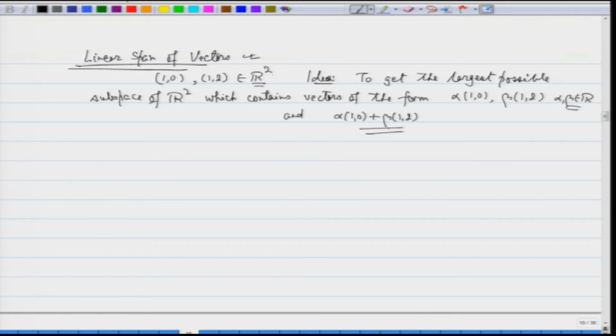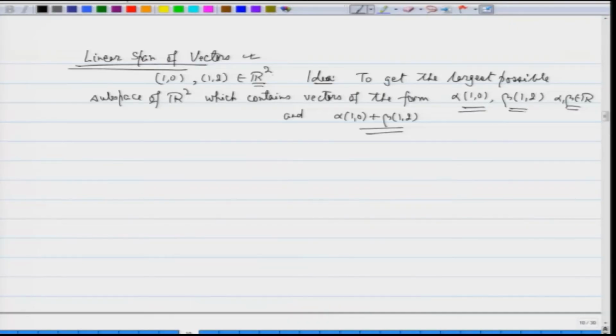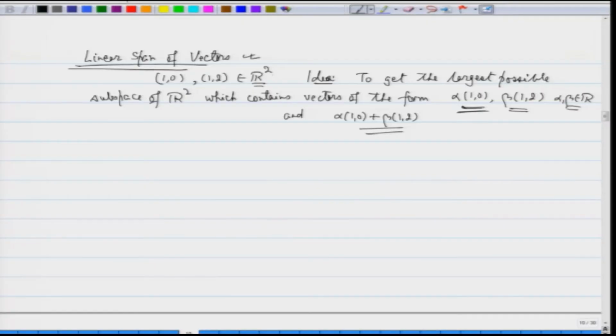Is that okay? So understand what I want. Given any collection of vectors, I am allowed to multiply by scalars whatever I want. I want that collection to be inside that set itself, whatever set I am looking at. I also want that I should be able to add this new collection. So from two vectors I will have a huge collection because alpha and beta are allowed to take any real number, so there will be uncountably many of them.